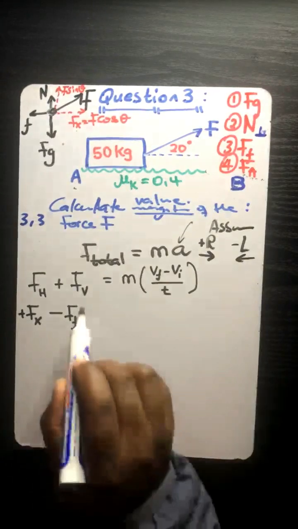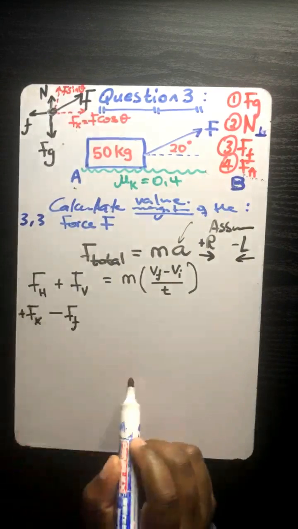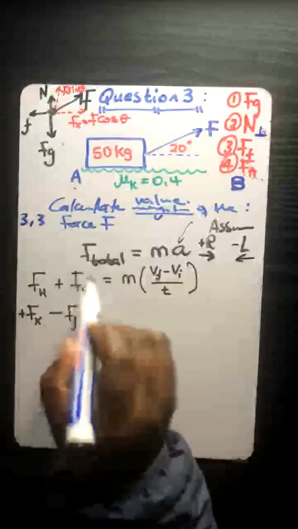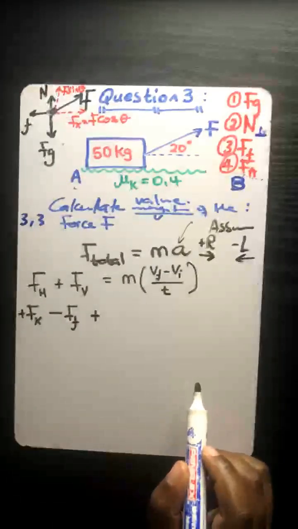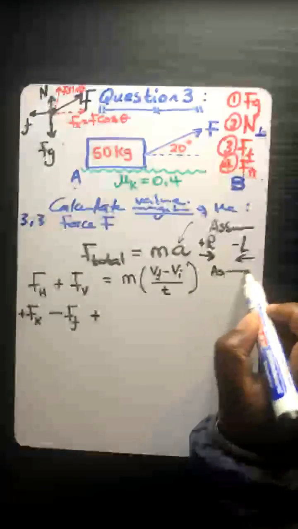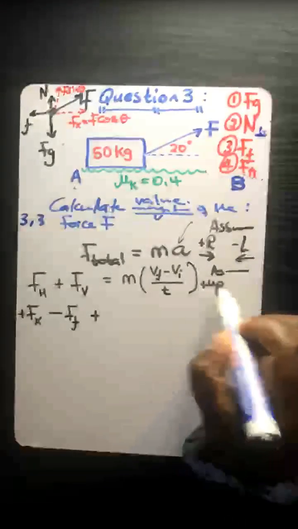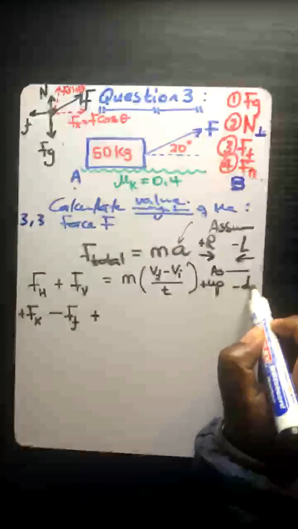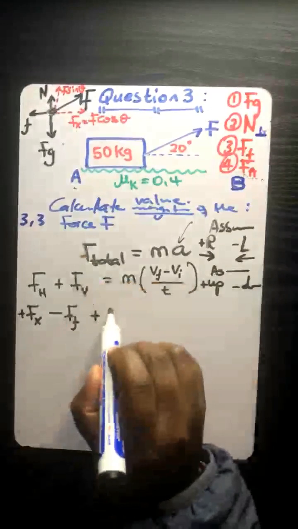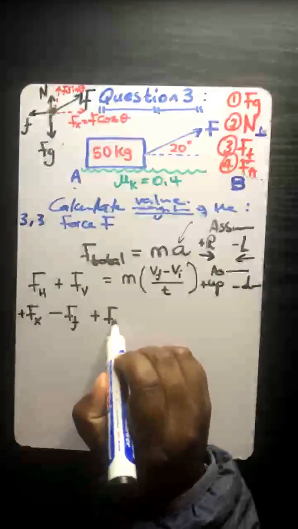So I'm done with the horizontal forces. Obviously, you add them because it is the total forces. Now you look at the vertical forces. For the vertical forces, you can still assume up to be positive, down to be negative. So we have the normal force, which is going up.